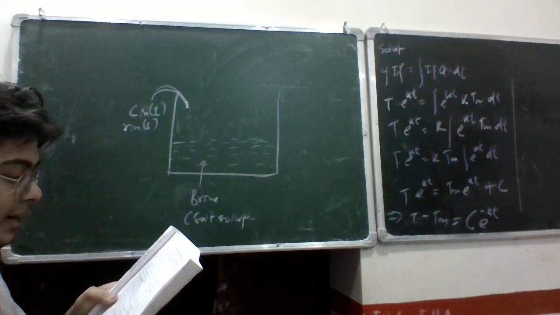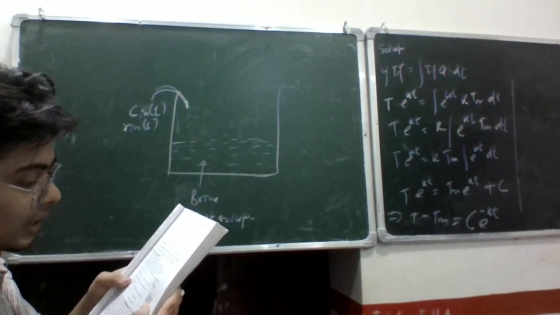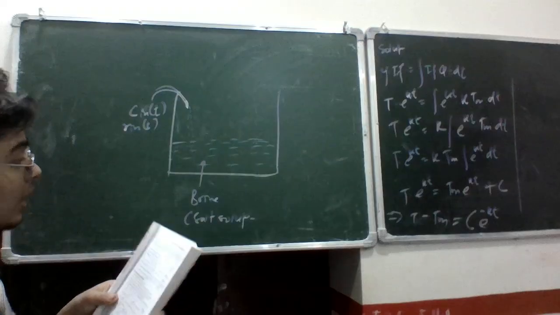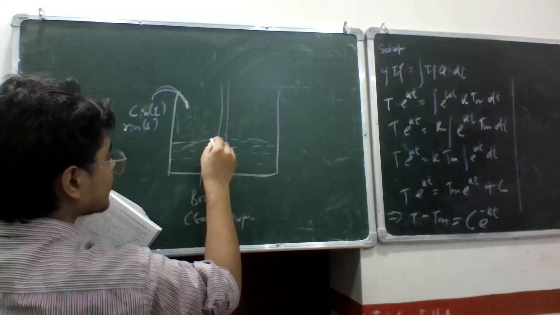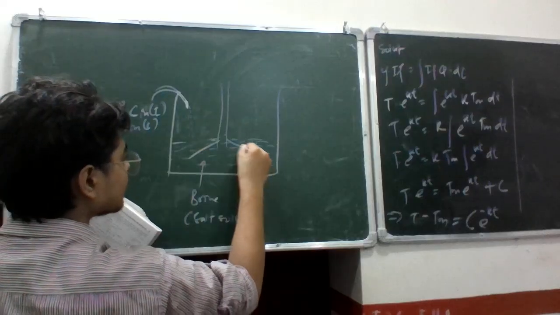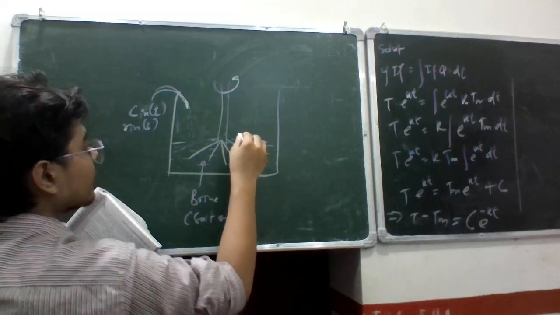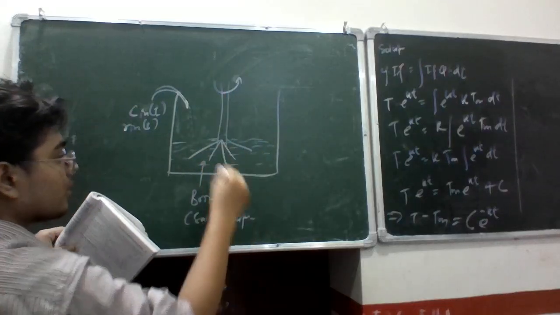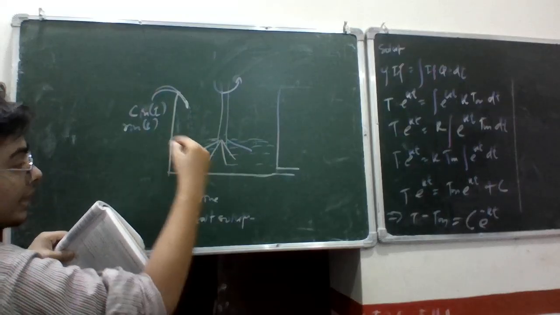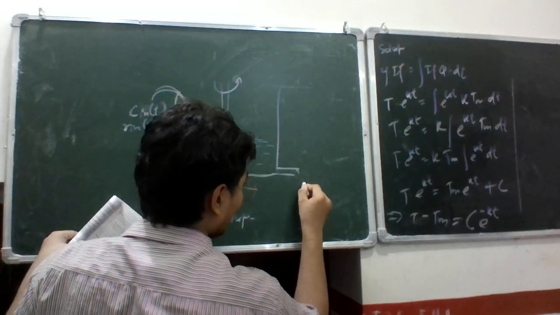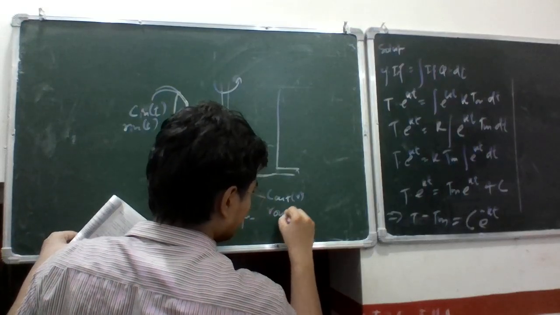Well stirred brine with salt concentration C out flows out at rate R out. So that means it's a mixture. Okay, we have a mixing system here. Inside this tank, we have a mixture, and it rotates to mix the solution, and we have got another concentration. So the concentration in and concentration out are different. So C out at R out.